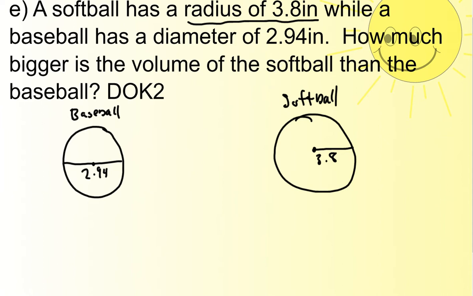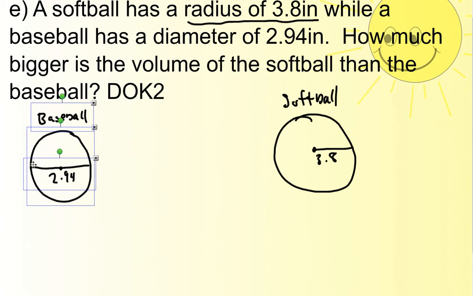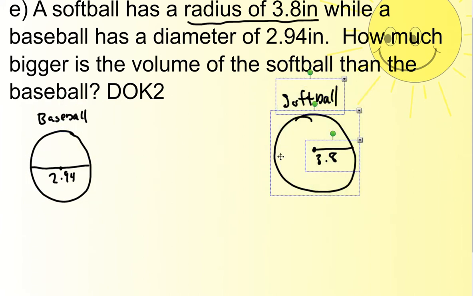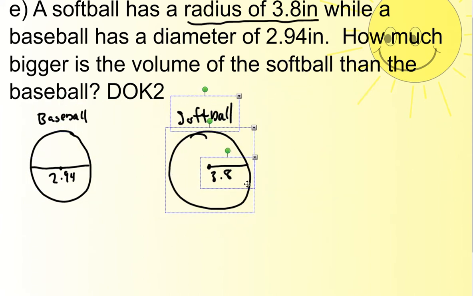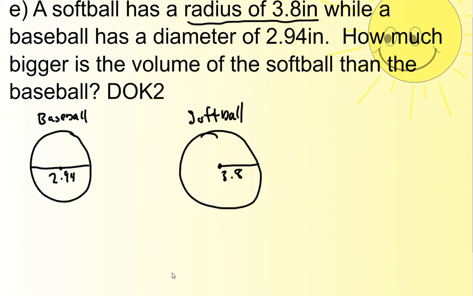softball than the baseball? Now, hopefully you know by now, anytime the question is asking how much bigger, how much smaller, how much faster, whatever, that's always going to be a subtraction. So if we're going to take the volume of the softball and subtract the volume of the baseball, we'll get our answer.